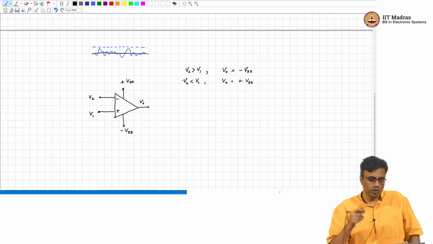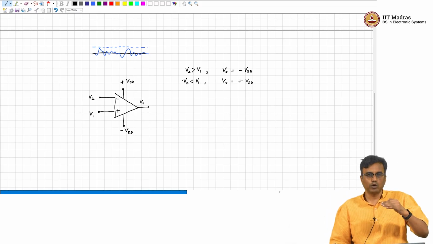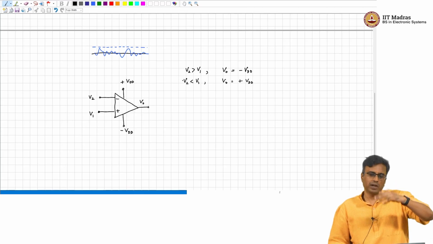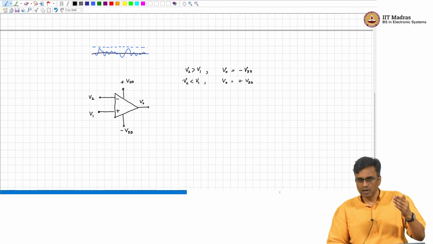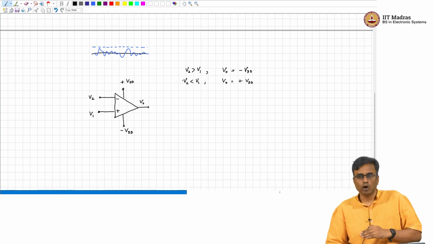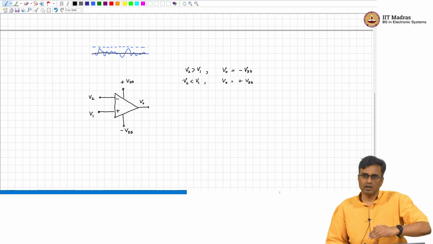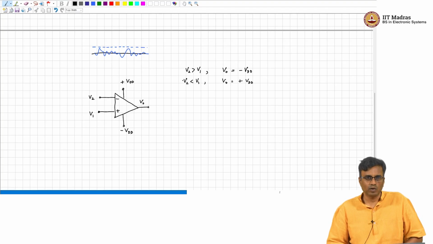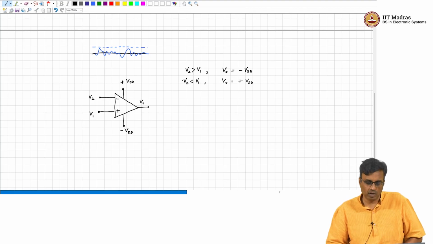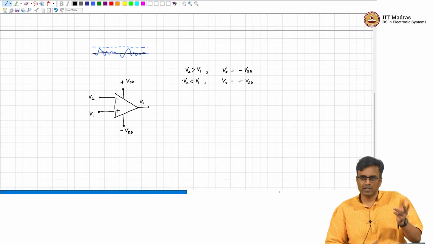But what we want to do is, once we declare V2 to be greater than V1, right, or the other way around, a small change in V2 should not lead to the output changing from plus VDD to minus VDD, or vice versa, right.